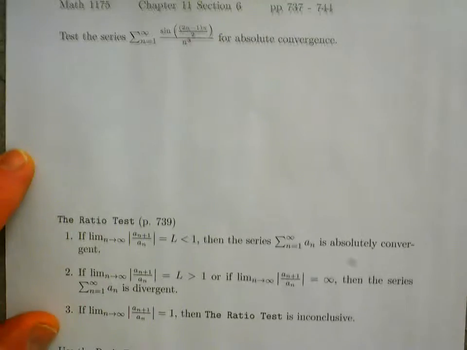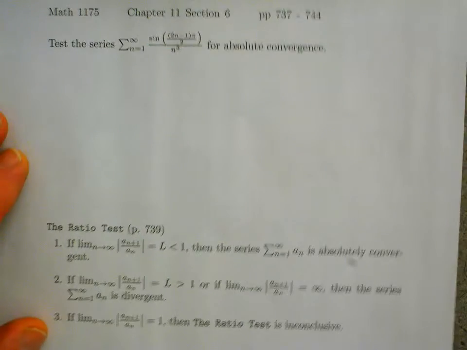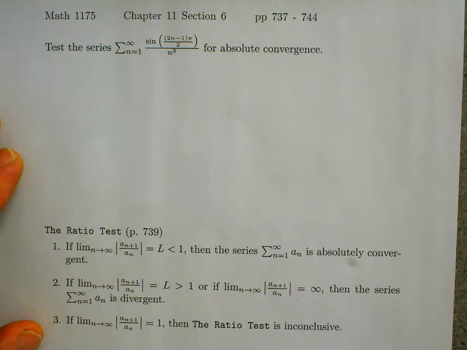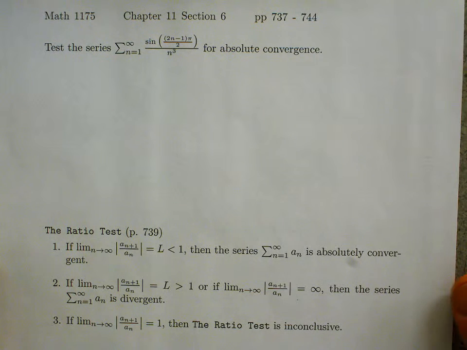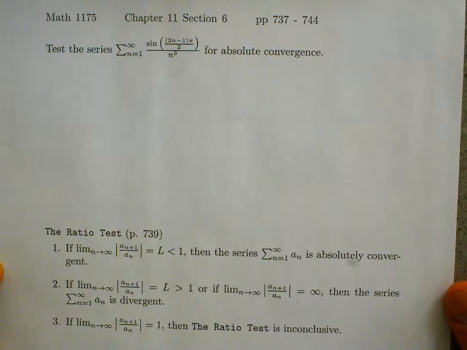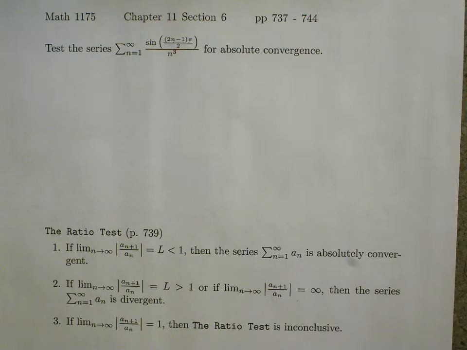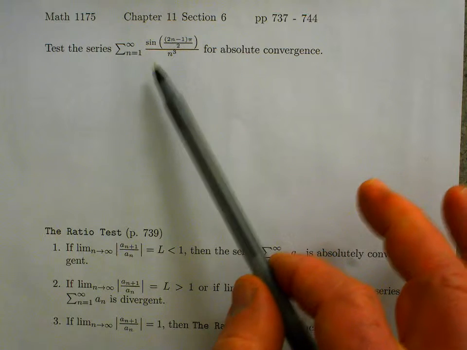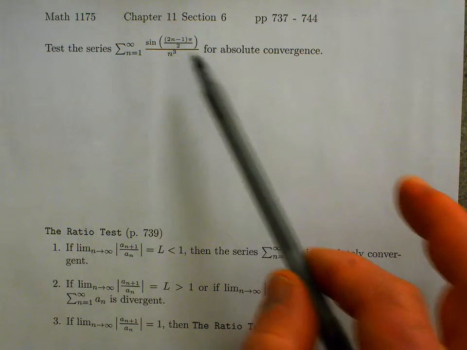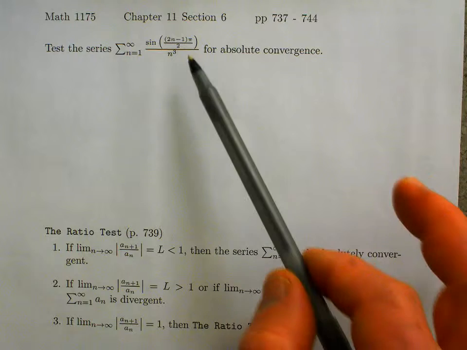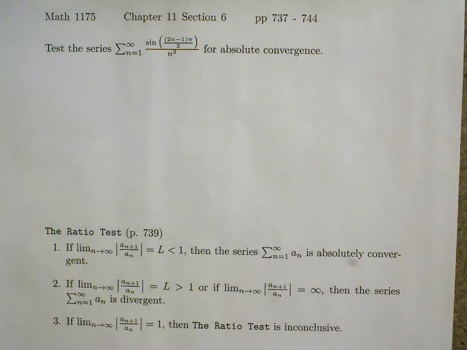All right, let's look at the next page. Test this series for absolute convergence. So this series, the terms are sine of 2n minus 1 times pi over 2, all divided by n to the third.